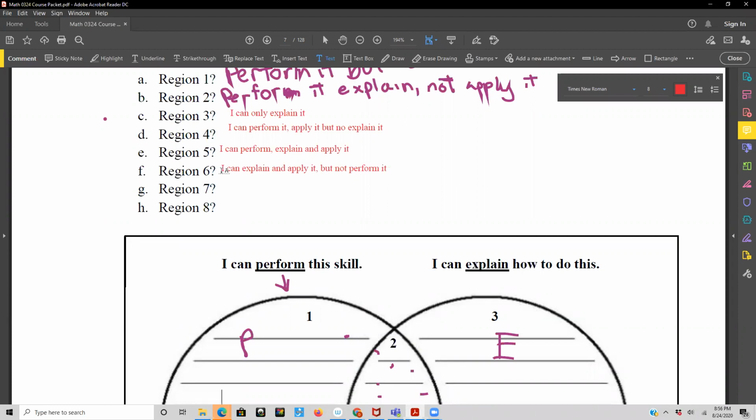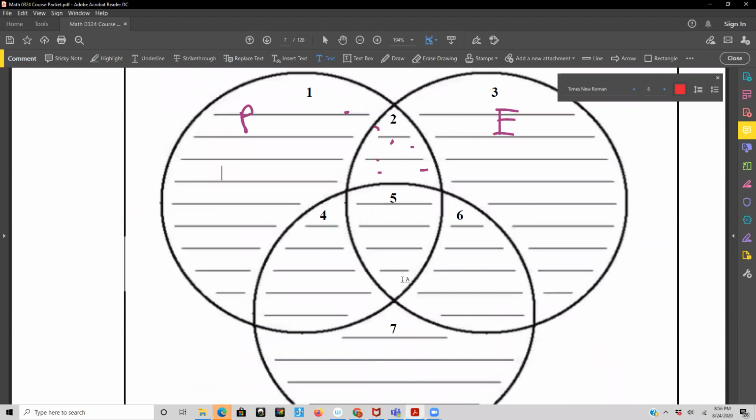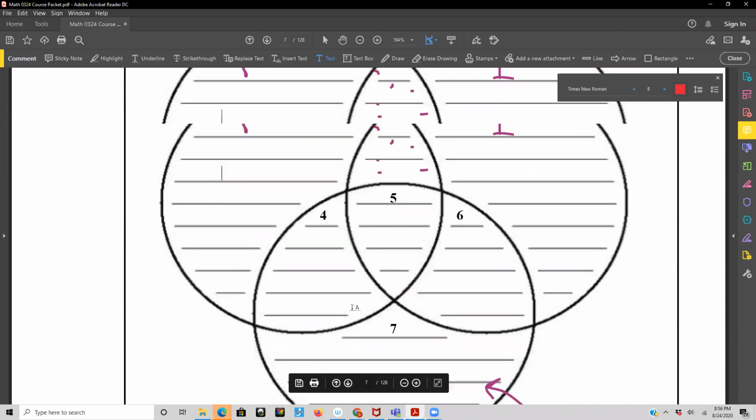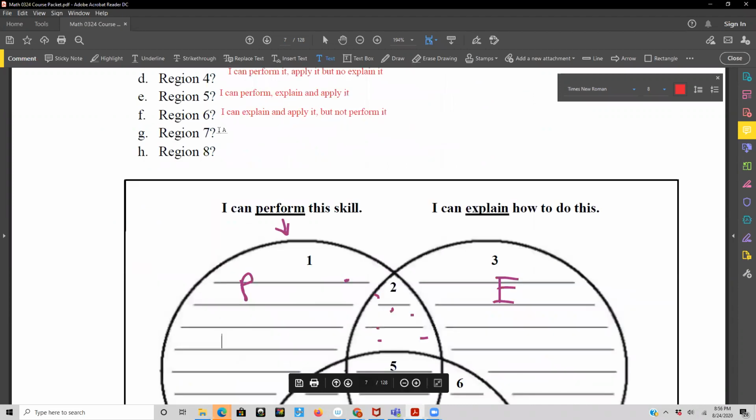All right, so region 7 is this part down here. That is only circle A. So circle A was apply, so I can only apply it. I can't perform or explain it.